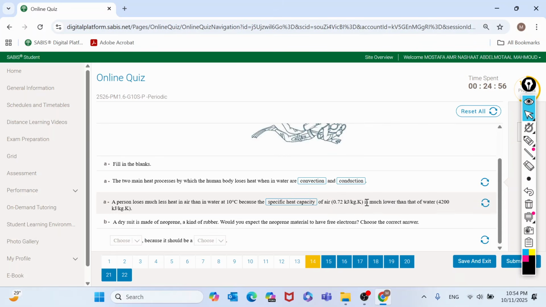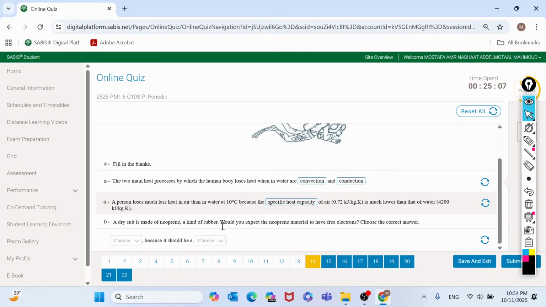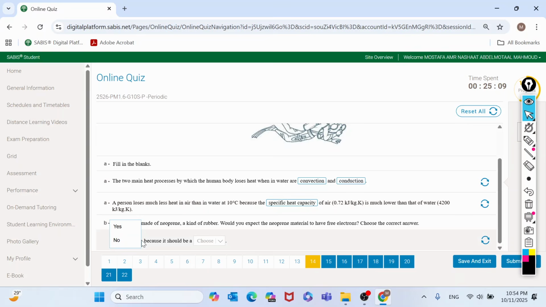Also, that's why when you touch a metal, it feels cold, because it's conducting the heat out of you, taking heat from you, because it's such a good conductor. So I thought water is also a better conductor than air, so it would take it, but I don't understand the specific heat capacity.